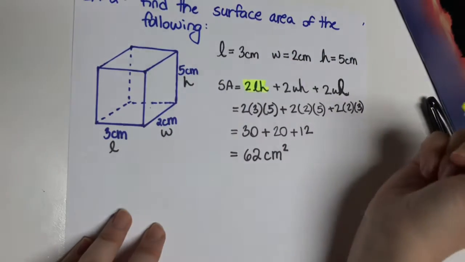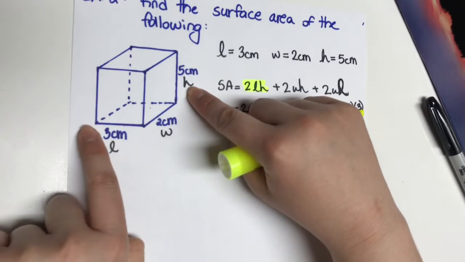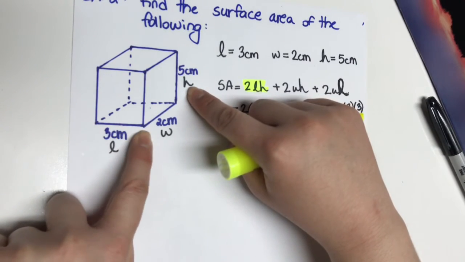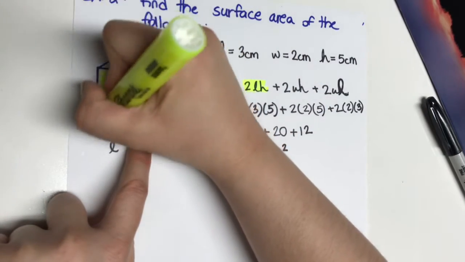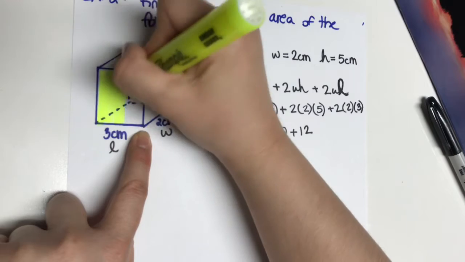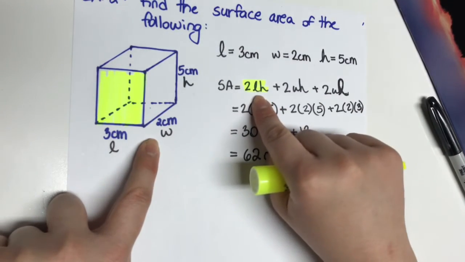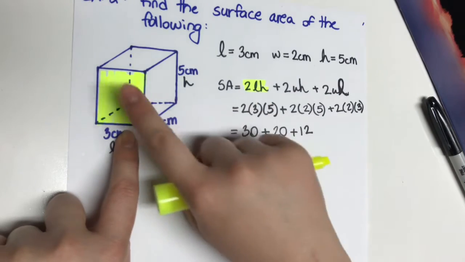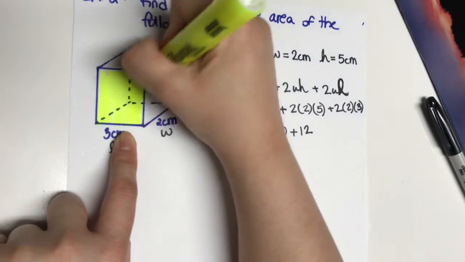And just to give you a bit of a visual of what that looks like, here I have 2 times length times height. That means length and height are this side and this side, and they make this rectangle right here. So that's the area that I'm finding first, and I'm multiplying it by 2 because this face is opposite this face and they're the same.